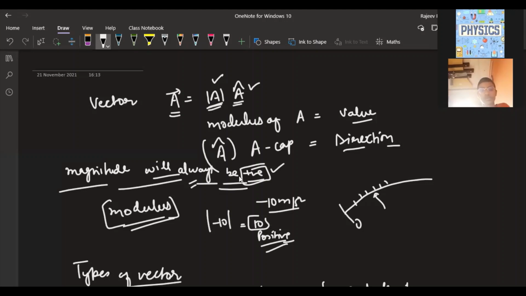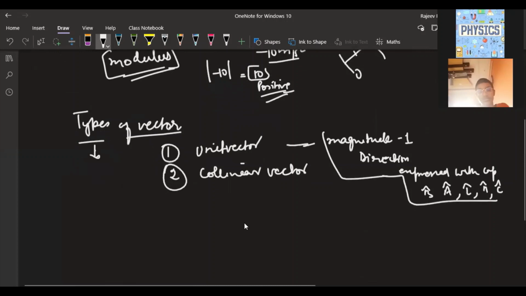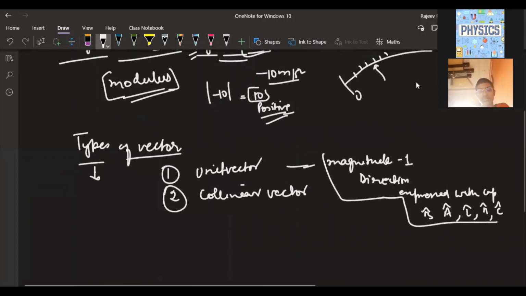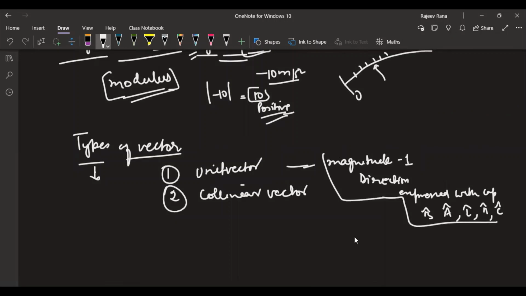Okay. Then we were discussing the types of vectors. The first vector is the unit vector. A unit vector is a vector whose magnitude is always 1. Suppose it is a unit vector of force, then it is 1 Newton.